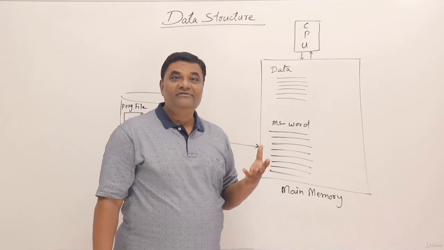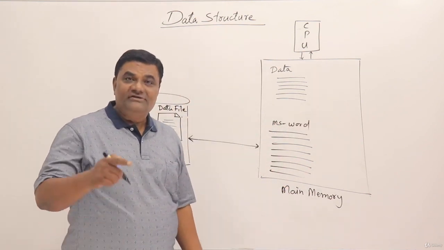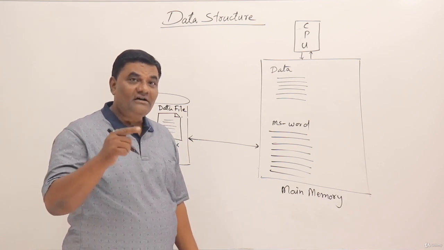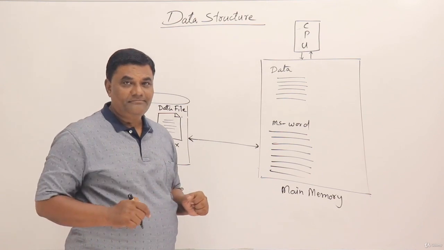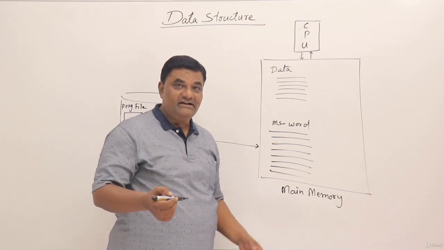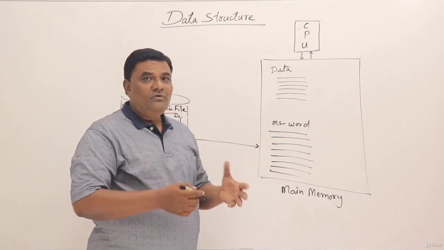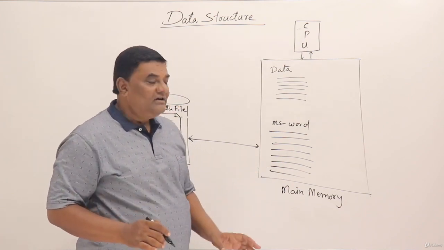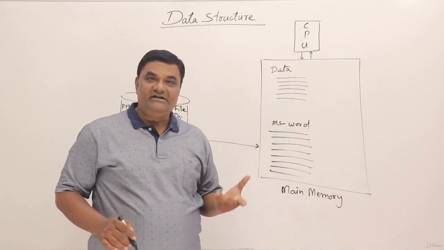So the question is how it will arrange the data in the main memory for performing its operations. That arrangement is called data structures. So data structure is a part of a running program. You may know different data structures like arrays or linked lists or trees or hash tables. Whichever data structure is suitable, an application can use that particular data structure for arranging its data.